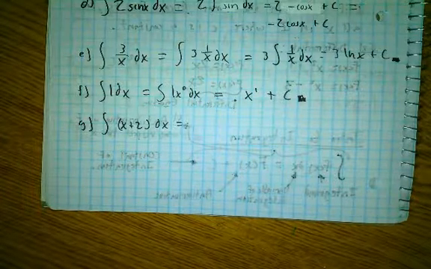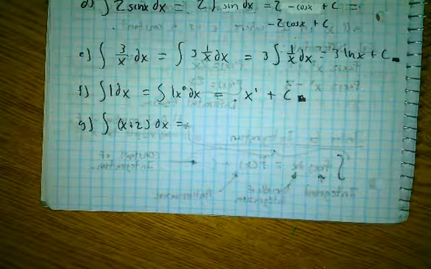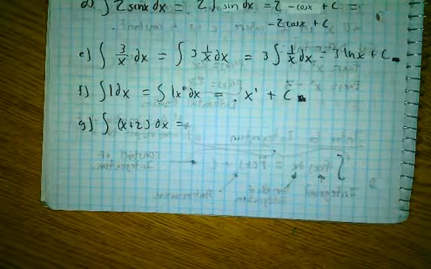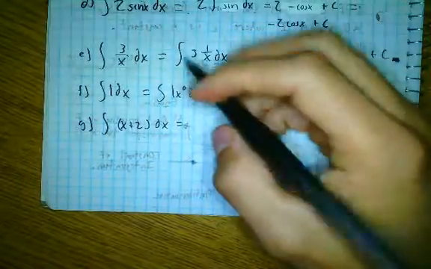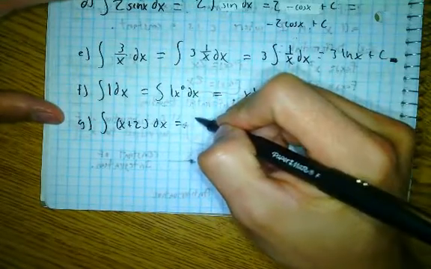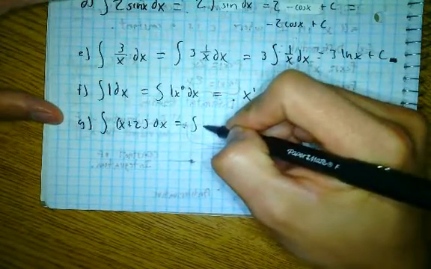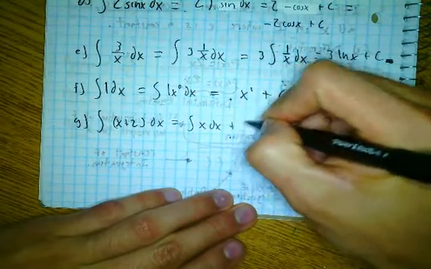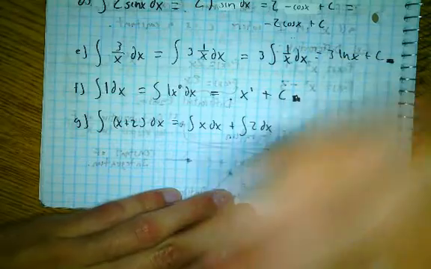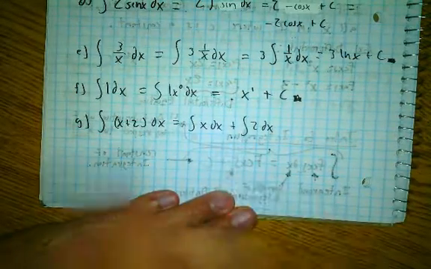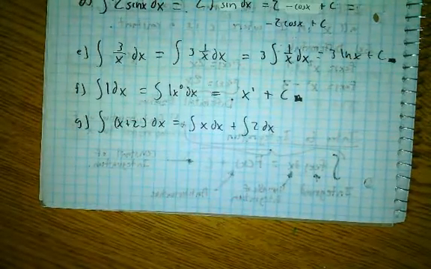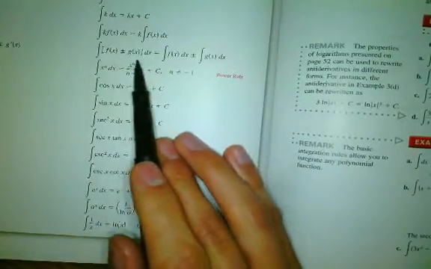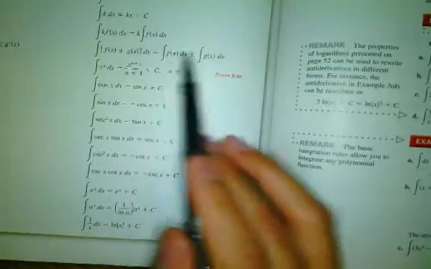If you wanted to, you don't have to, but eventually I'm going to show you what you're capable of doing. You should be able to break this down into the antiderivative of x dx plus the antiderivative of 2 dx. You can break that down into two different integrals, which would be this rule right here. You see how you have that plus? They're broken down into two different ones. And then you just look at them one by one.